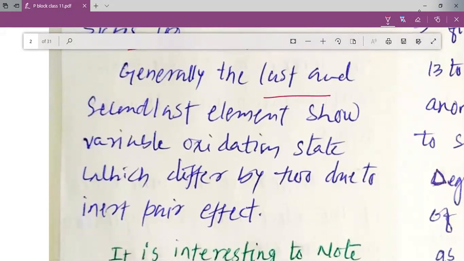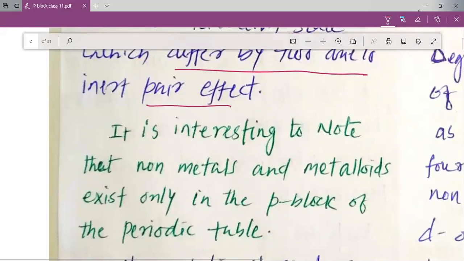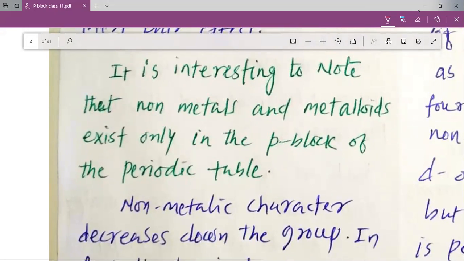Generally, the last and the second last element show variable oxidation states which differ by 2 due to the inert pair effect. Please remember, my dear students, that in p block elements, the last element of the group and the second last element of the group show a specific kind of oxidation state which differs by 2 units.